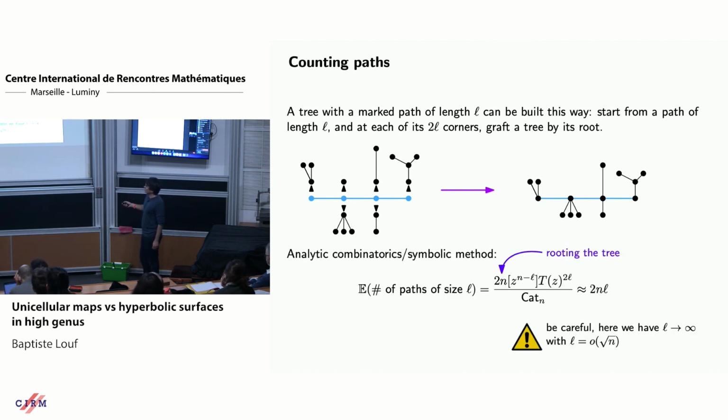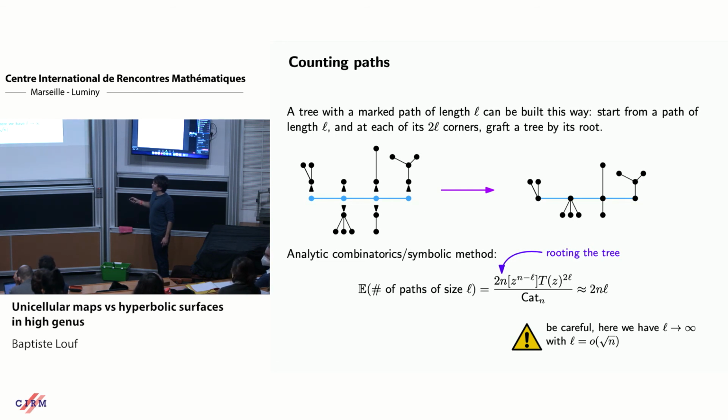And the analytic combinatorics and symbolic method tells you that if you want to count the expectation of the number of paths of size L in your random tree, you just have to count the number of trees with a marked path and then divide by the total number of trees. This is the total number of trees, Catalan of n. This is the generating series of a sequence of 2L trees.